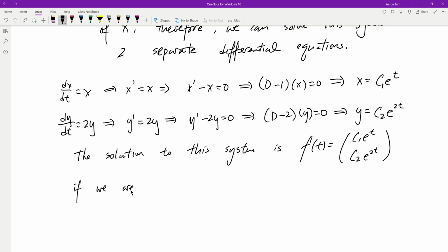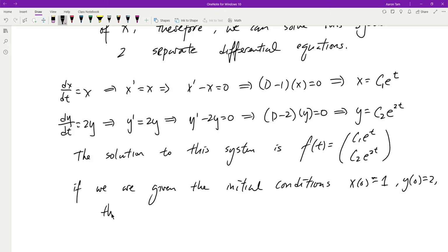If we are given the initial condition, let's say x of 0 equals 1 and y of 0 equals 2, then we can find a specific solution. So what is this specific solution?